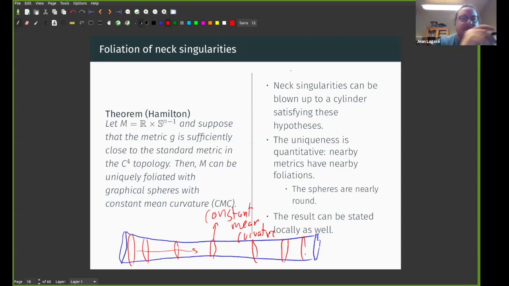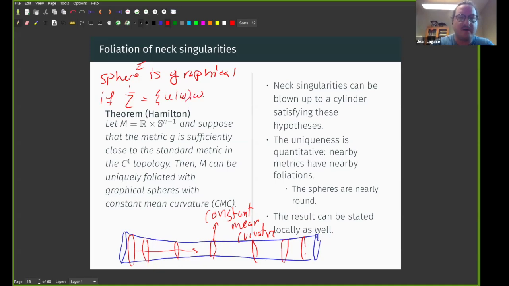A sphere in R cross S^(n-1) is graphical if I can write it as, let's say my sphere is sigma, if sigma is u of omega in R cross S^(n-1) for u from S^(n-1) to R. So basically, it's the graph of some function over the sphere.